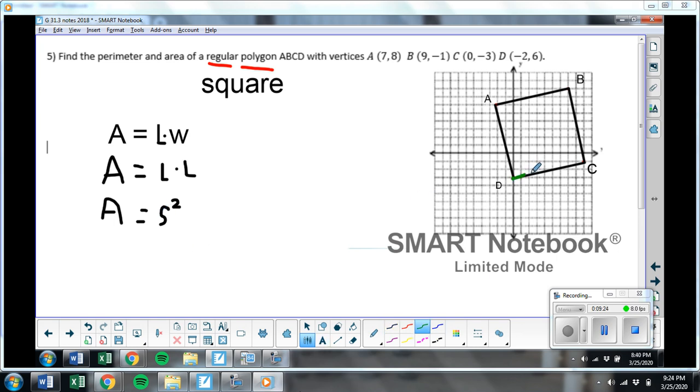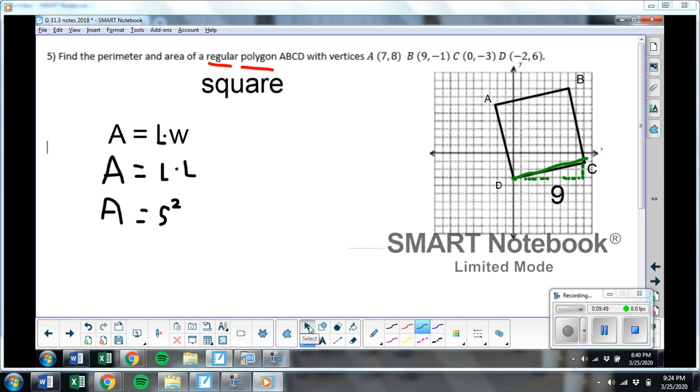Now let's find this side. Find the distance. We don't use distance formula, we use Pythagorean theorem. So how far apart are they in the x direction? Count it out, they're 9. How far apart in the y direction?